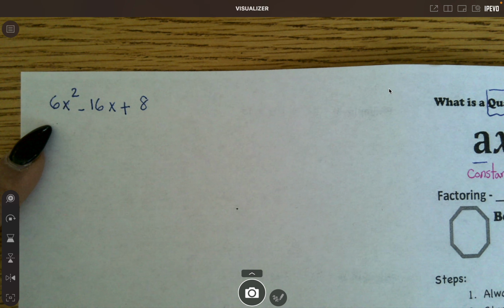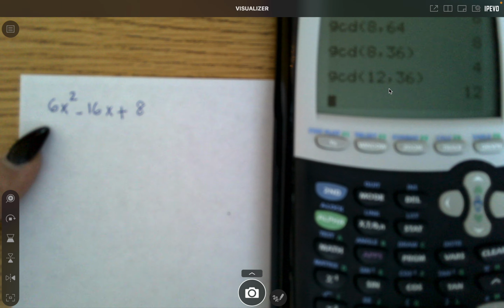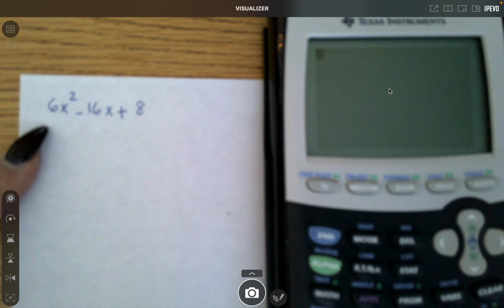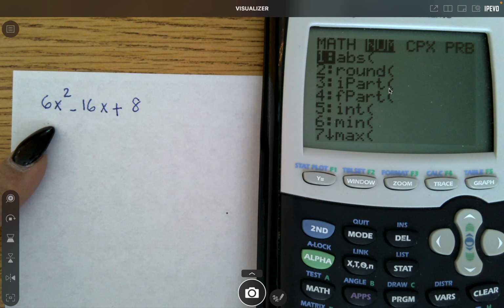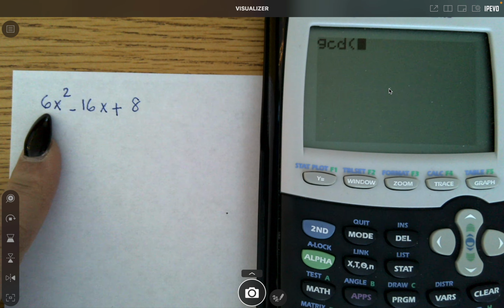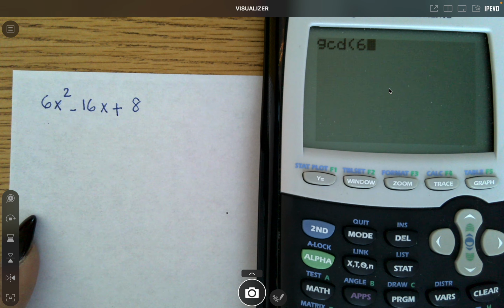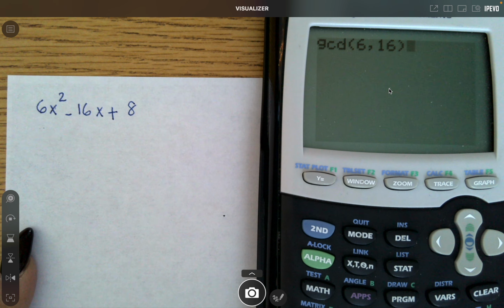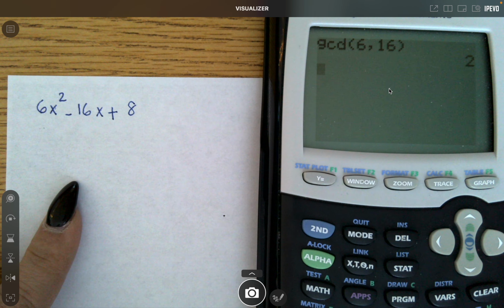So let's find the GCF, just to refresh our mind from yesterday's work. We do math, numbers, number 9. Then we get to this page. Then we put 6 and 16, because that's the smallest and that's the greatest. So 6 and 16, right? Then hit enter, we get 2. So I'm just going to write down 2 somewhere, and then we do another one.